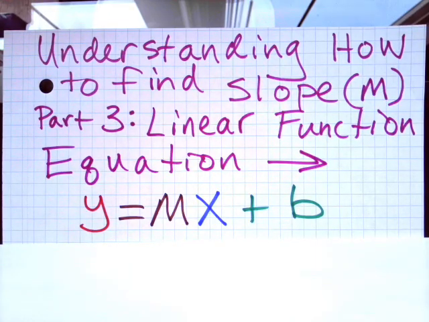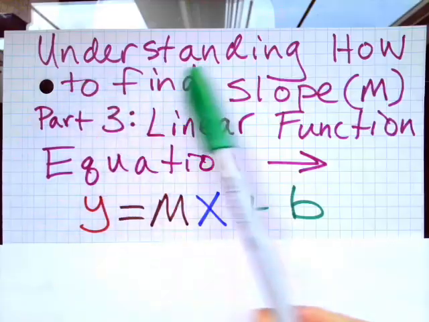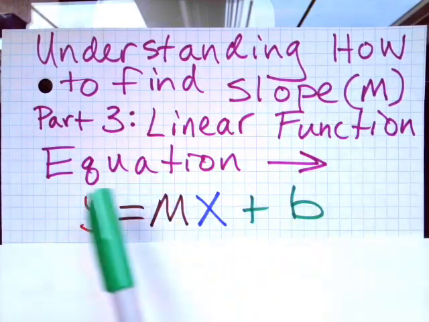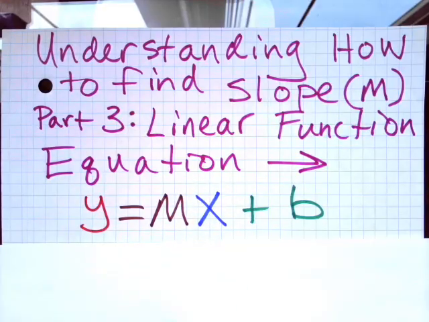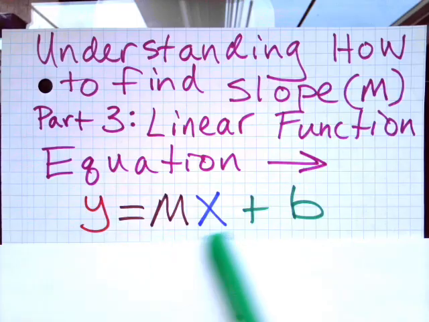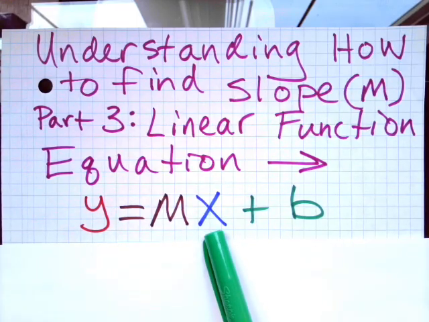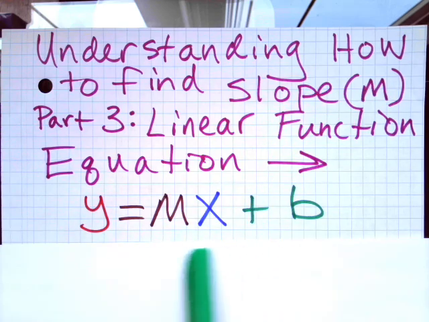So here in this part 8 video, we're understanding how to find slope given a linear function equation. Slope-intercept form, y equals mx plus b, gives that to you. The y equals sign and x will always be standard.